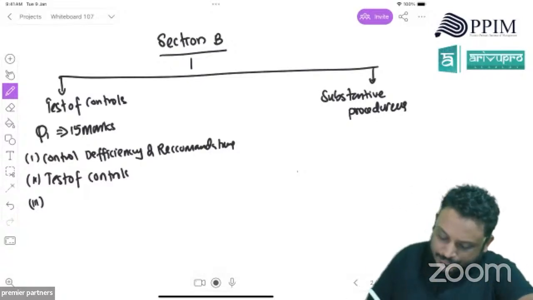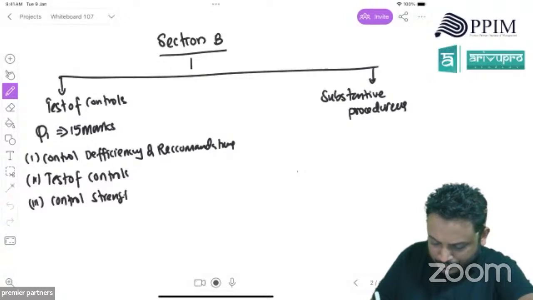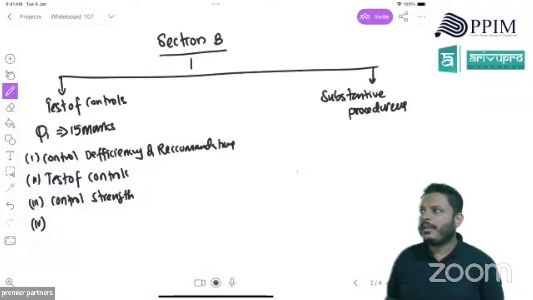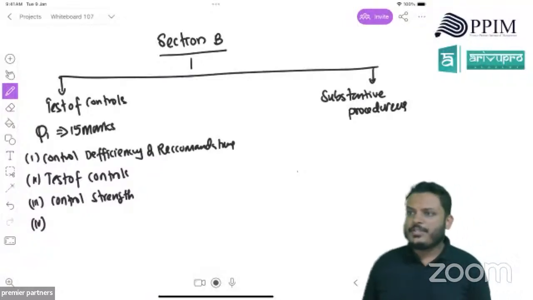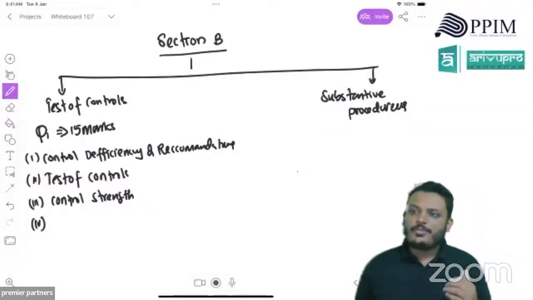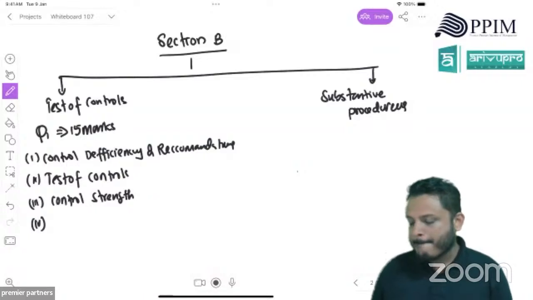Sometimes you might get control strength along with this. So the first one is control deficiency and recommendation, and the chances are very high. Test of controls, those two are the questions highly examinable to you.